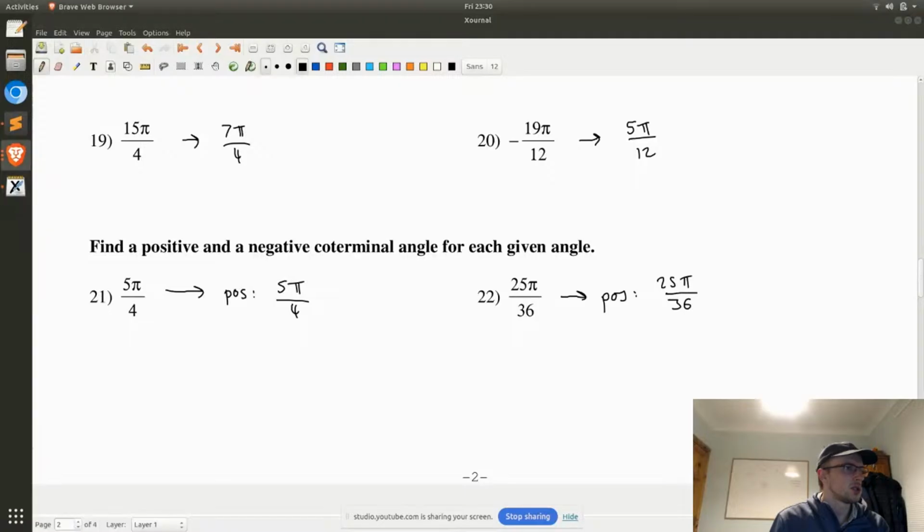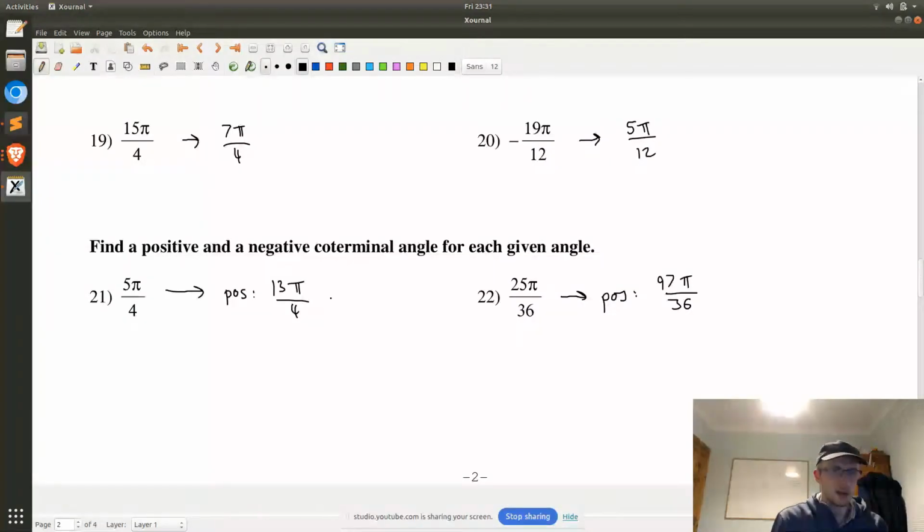Not actually sure what this is talking about. Like, find a different one? Okay, so they've asked for a different one. They should have said that. So it's 13 pi over 4. That's adding on 8 to the numerator. And then this one, adding on 72 to 25, that would be 97.